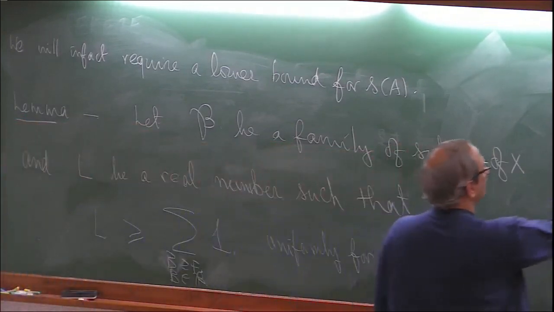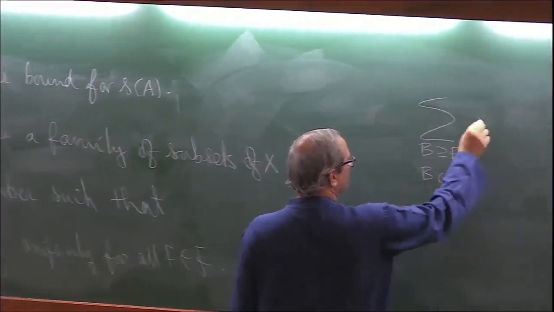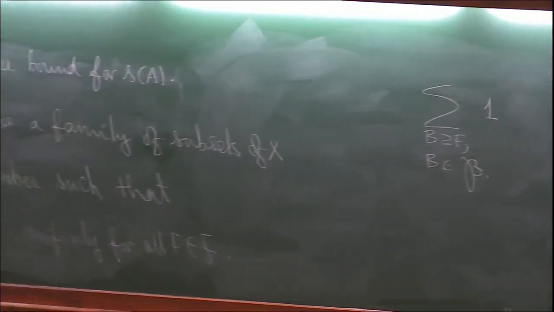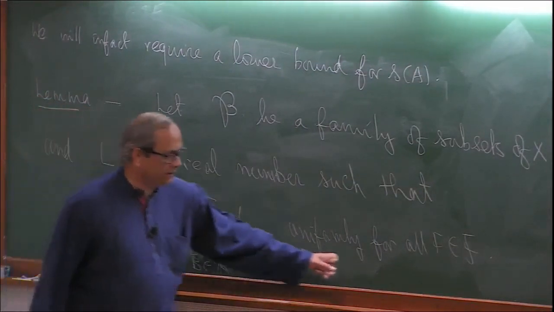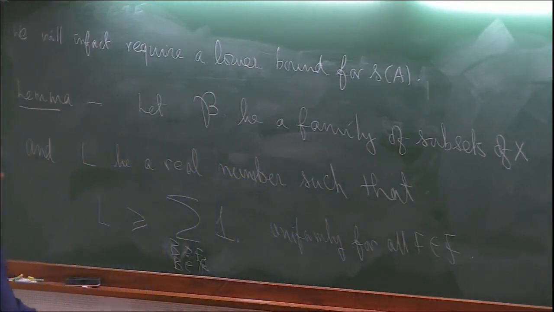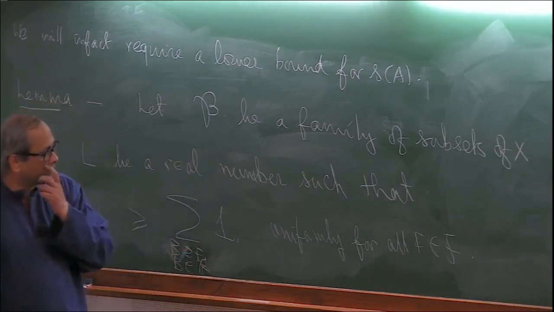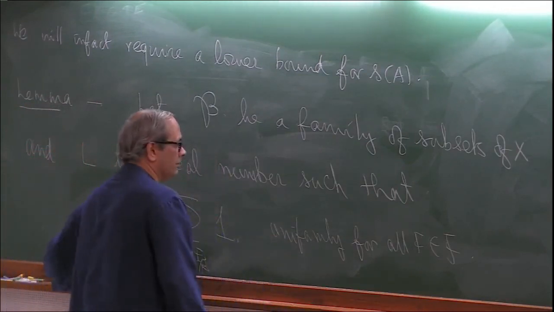The sum I have written is over B containing F, with B belonging to the family B. What this requires is that B is a family of subsets of X and L is a real number such that for any F in the family F, the number of B's that contain that F is bounded by L, uniformly for all F in F. You take any family B satisfying this condition, and we will use this auxiliary family to get a lower bound for S_A. So how does one get a lower bound for S_A from this information?